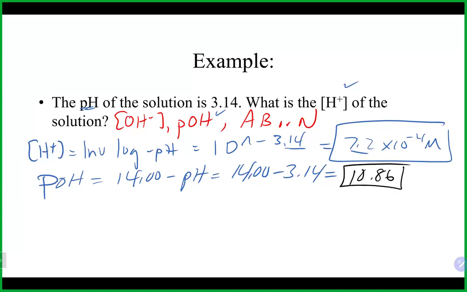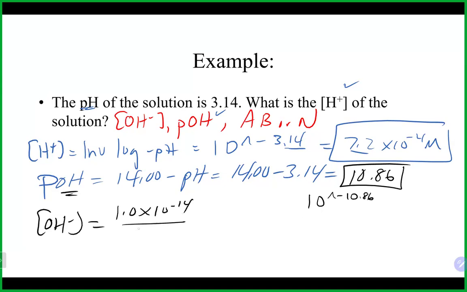And lastly here, you can again use the pOH, just like we did before, and take the inverse log of it to get to the OH minus. You could also go classic, if you will, and use Kw as well, like we've done previously, if you wanted to go that route as well.